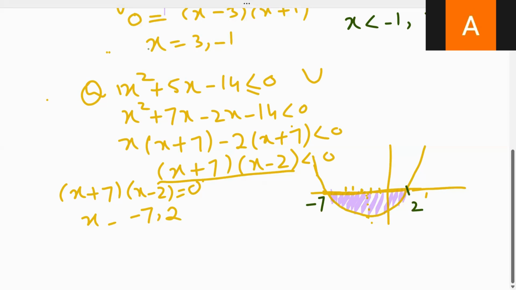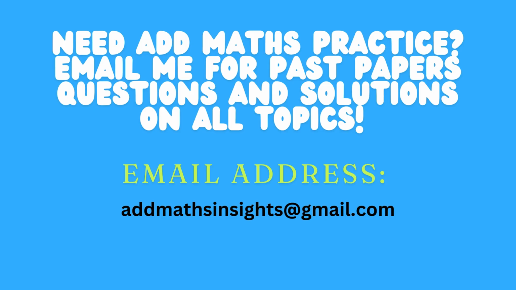So the solution is, if it is less than or equal to, you write -7 ≤ x ≤ 2. If there is no equal sign, you are supposed to write just -7 < x < 2. This is how you can solve quadratic inequalities.